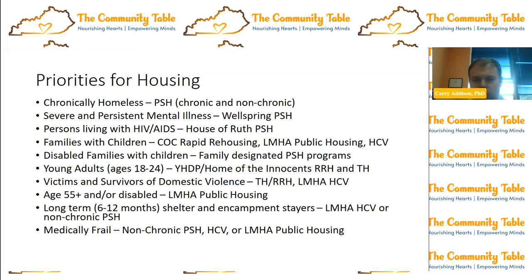We've carved out room for domestic violence victims and survivors, both through St. Vincent de Paul's program, which provides a transitional to rapid rehousing component, and also granting some preference within resources allocated through the Housing Authority. 55 and disabled: we have a great partnership with LMHA Public Housing that is able to give persons that are unhoused the ability to basically skip the list if they're homeless and referred for us. So they're on a much shorter waiting list to get in if they meet that criteria.